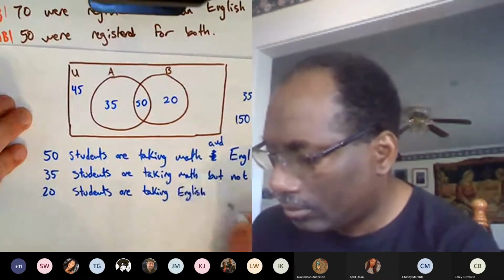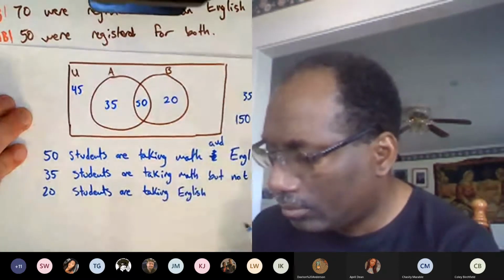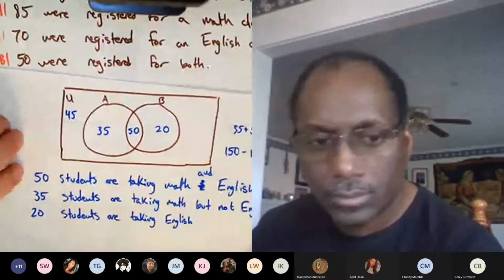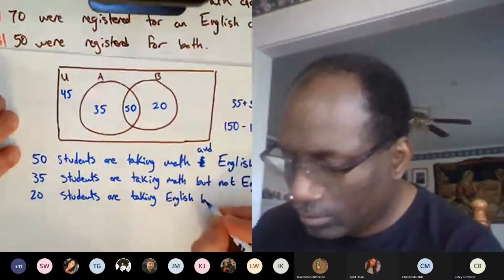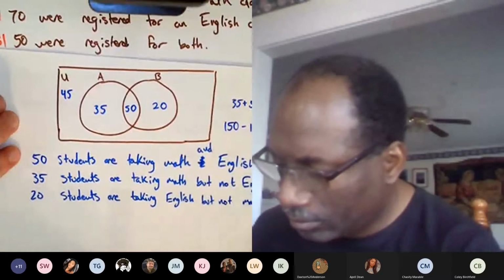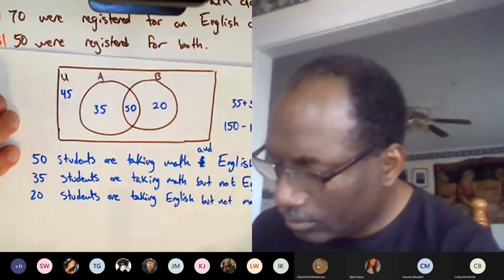So this is the similar case over here. The set B is English class, but these 20 are taking English but not math. So those are the 20 students who are only taking English, not math.